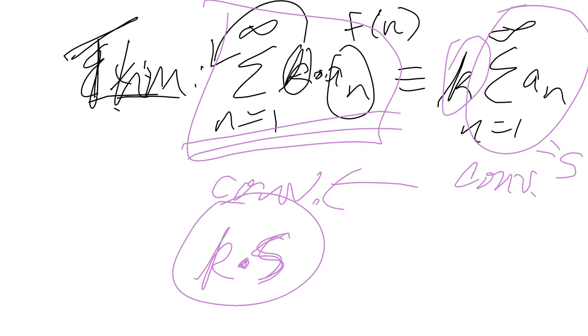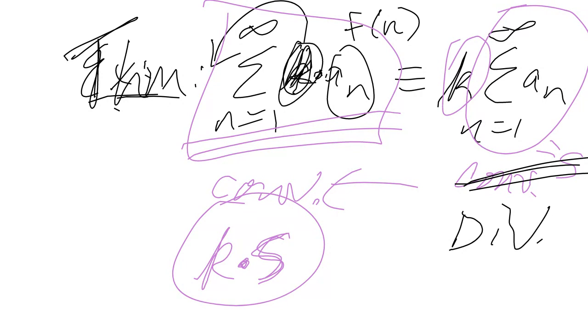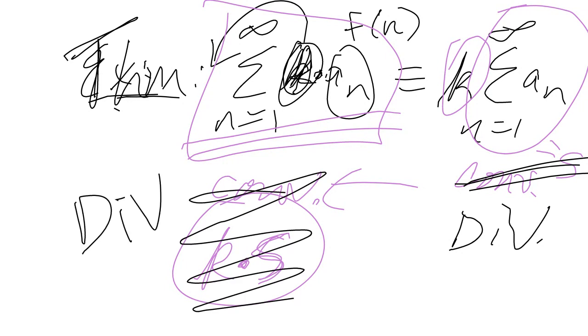Of course, if we don't have that this series converges, let's say it diverges, then what? If I take any constant real number times a sub n in there, then this one is also going to be divergent. So we can utilize that theorem that way as well.